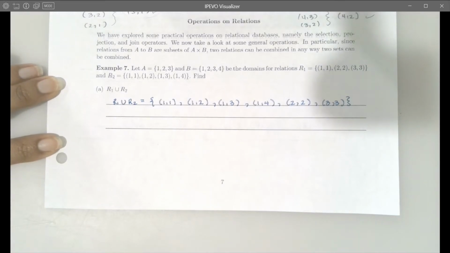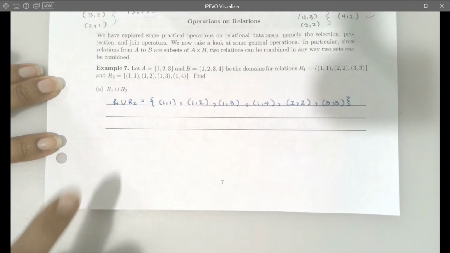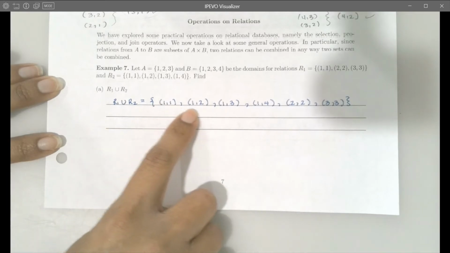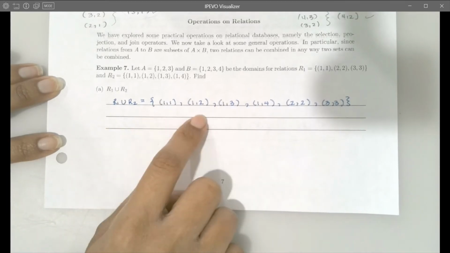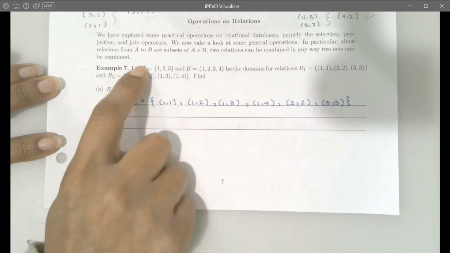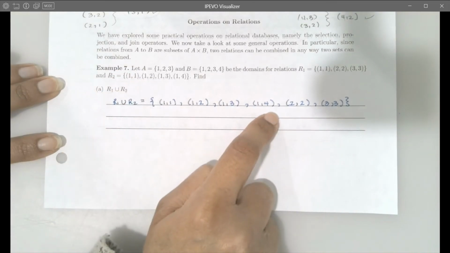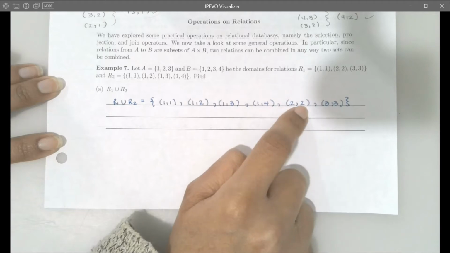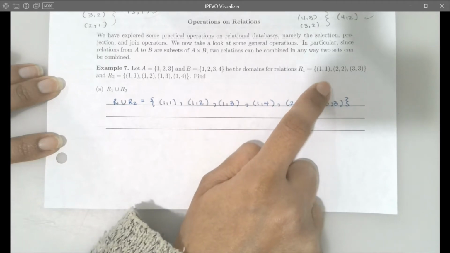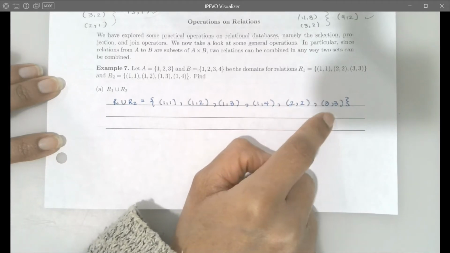If you recall, the union in sets is the set of all elements that are present in either the first or the second set. So what I'm doing here is I'm taking all of the elements from R2, (1,1), (1,2), (1,3), and (1,4), and then we add to that same set the elements from R1, so that'd be (2,2) and (3,3).